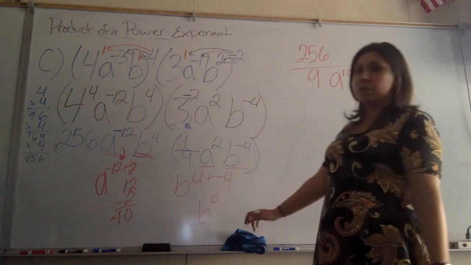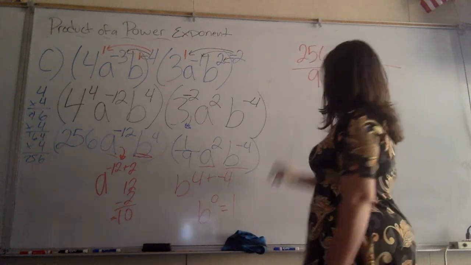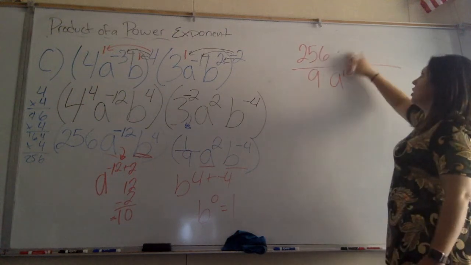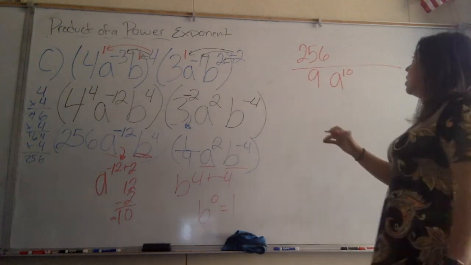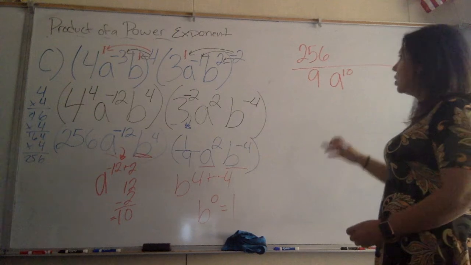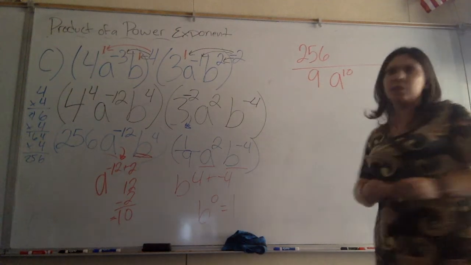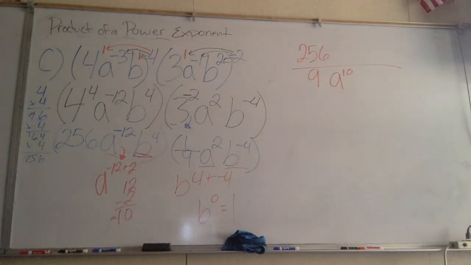So do I have to put it? No, since it's 1, we don't care about it, because I would multiply that by 1, which still gives me the same answer. All right, so 256 divided by 9, does it have anything in common? I'm not sure. Can you divide it by 3? Can you divide it by 9?